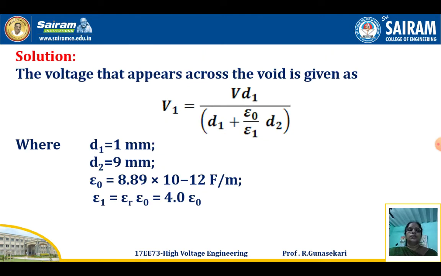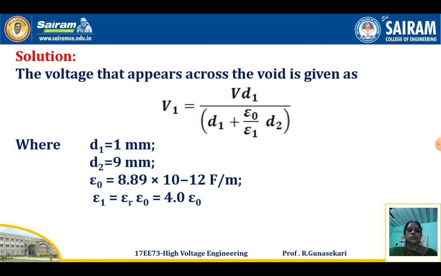The formula, we already studied in the theory part. The voltage that appears across the void is V1 = V d1 / (d1 + (ε0/ε1) d2). d1 is given as 1 mm, and d2 is given in the problem as 9 mm.